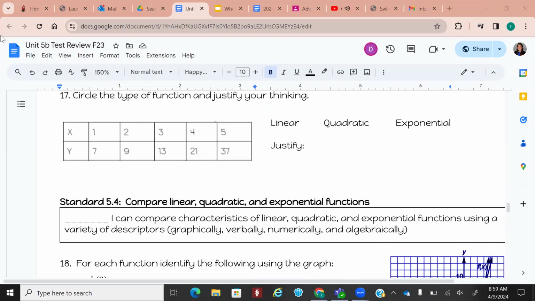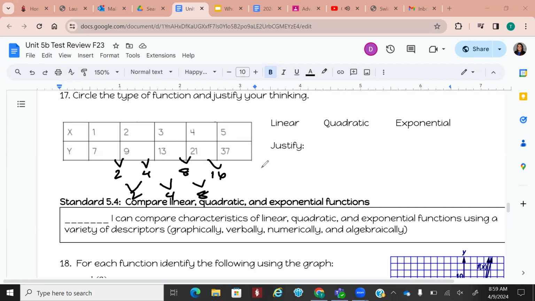On the next one. First difference is 2. Next one's 4. 8. 16. Now, the second difference is not the same, but it's got the same pattern going on from the first to the second difference. We see that? And we see that it's being multiplied by 2.